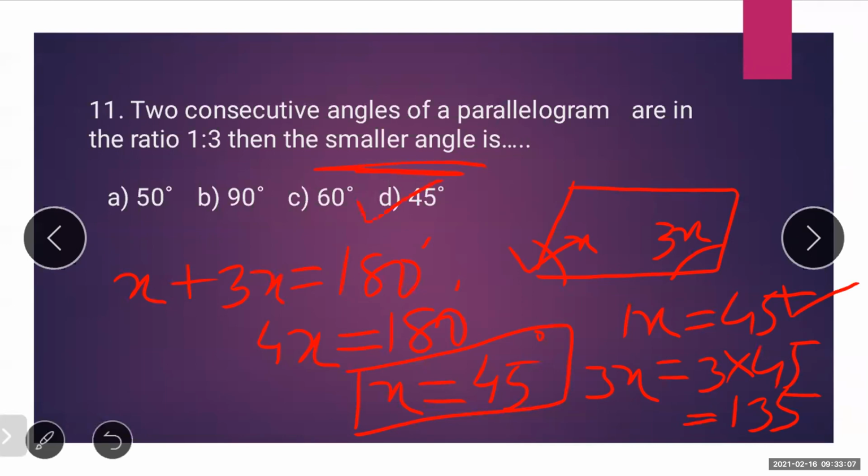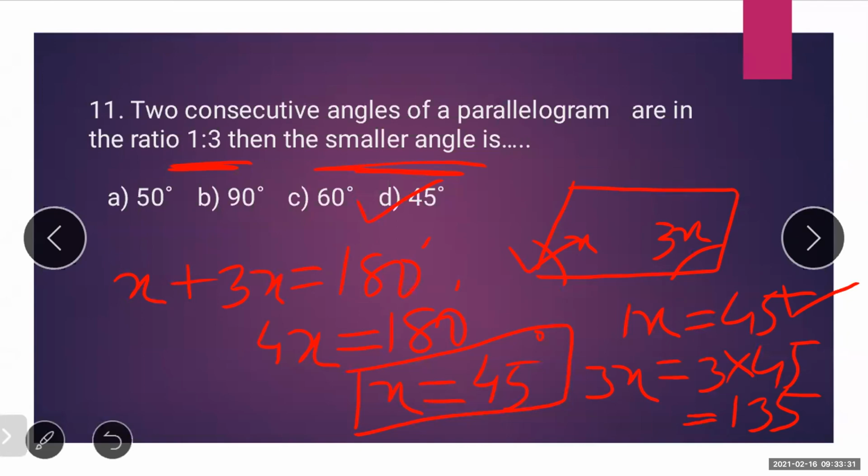Now here students, since we have got a value of x, this value we have substituted in the given ratio. Here it is given 1:3. They might give 2:5, so here 2 into x, that is 2 into 45.